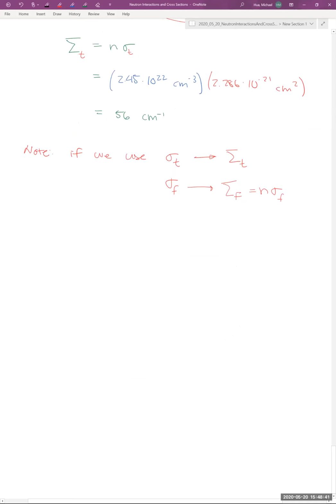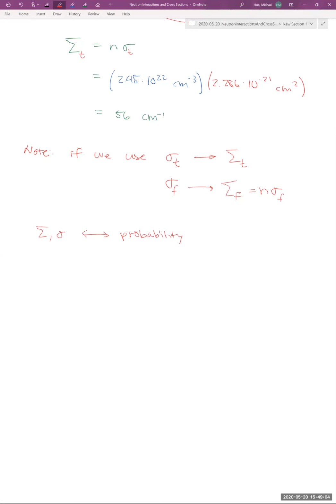So I originally said that cross-section is related to probability. Cross-sections are related to probability, but how do we get to probability besides understanding relativeness? So larger cross-section means larger probability.